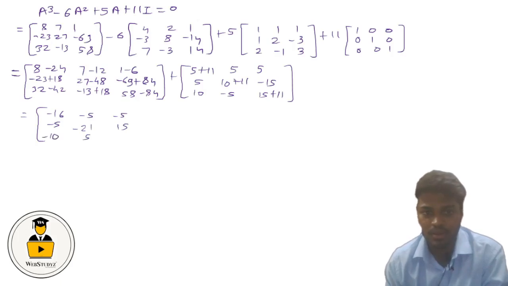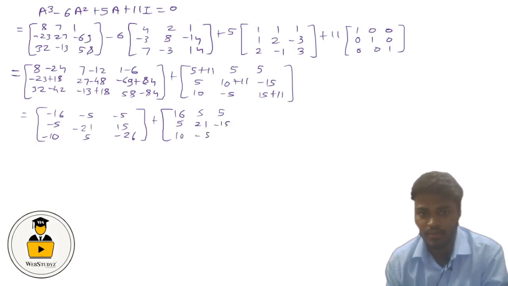This is plus 5 and this will be minus of 21. 1 minus of this will be 26 plus this will be 16, 5, 5, 5, then 21 minus 15, 10 minus 5, and this will be 5 plus 1 is 6, so this is 26.